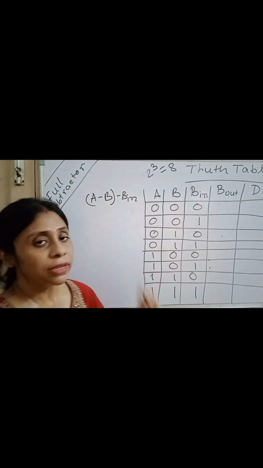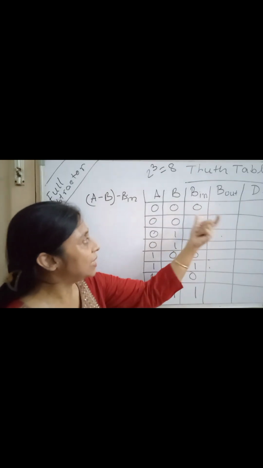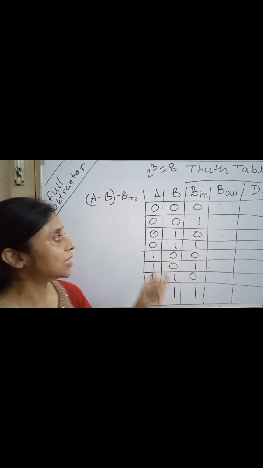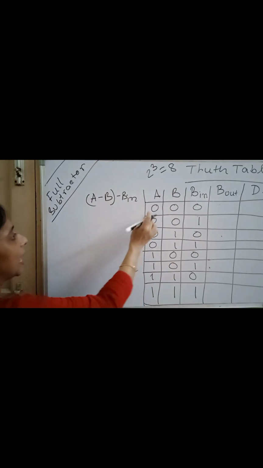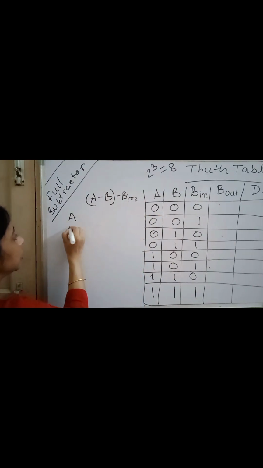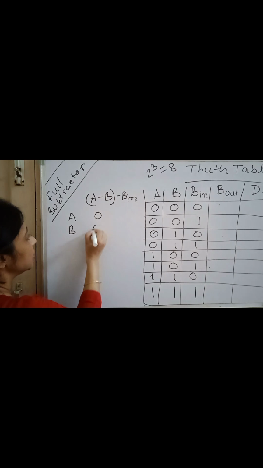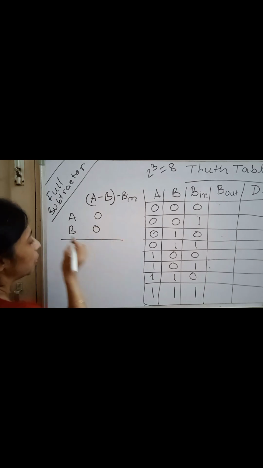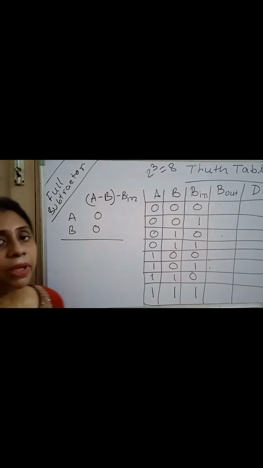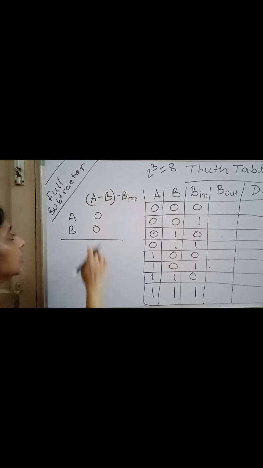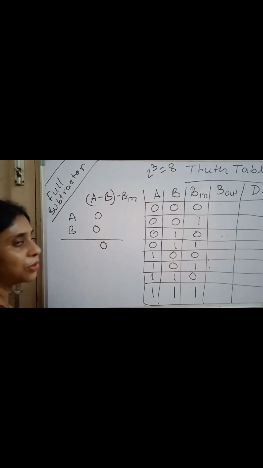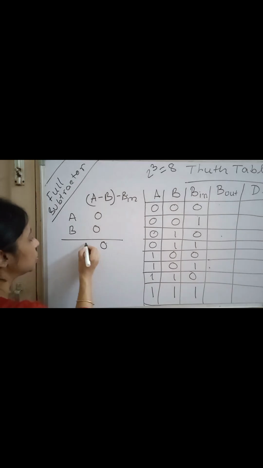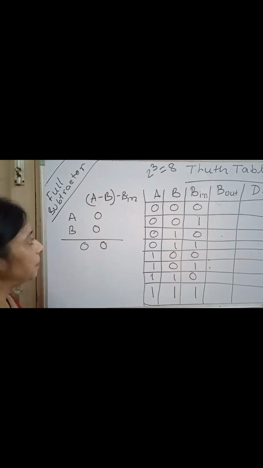So first do the B out and D for the first input combination, that is 000. For the first one, A, B both are 0. So what will be our difference and what will be our borrow? See, 0 minus 0, what is the difference? 0 minus 0 is 0 and borrow is also 0, right?